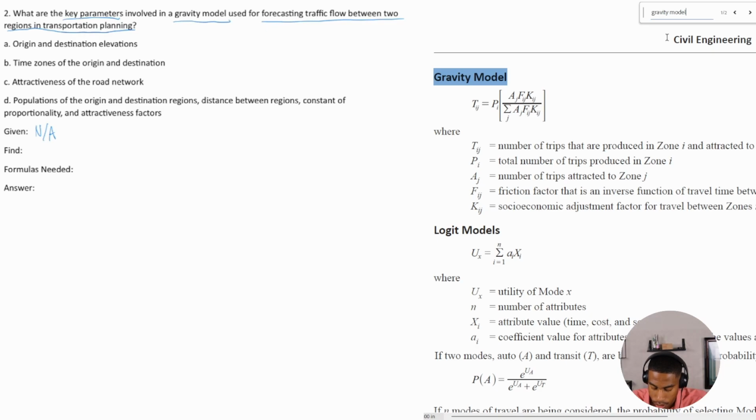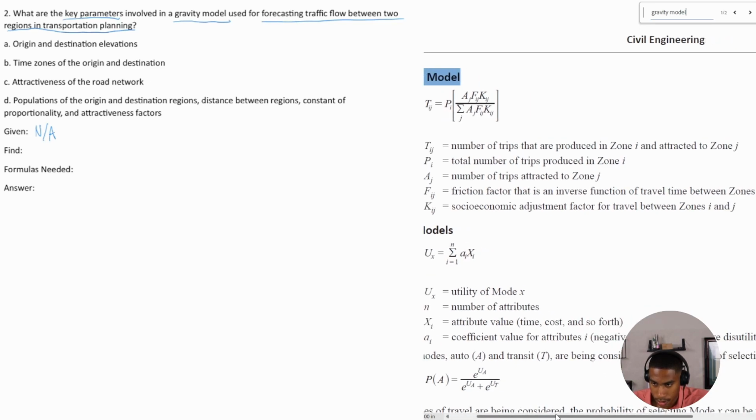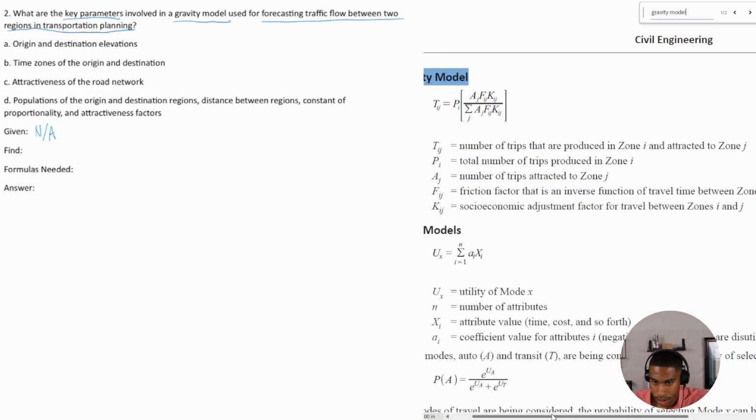So the origin and destination in this gravity model, the two regions that we're looking at, which is I and J, and so what's happening, right? So what are the variables that are involved with this?